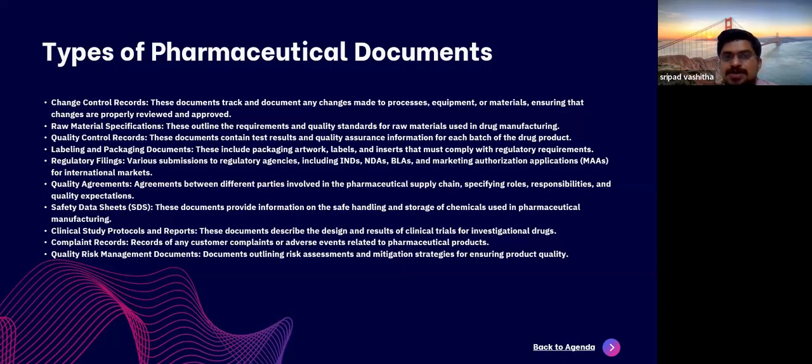Raw material specification. Specification is commonly shortened as spec in the pharma environment. Spec for raw material is nothing but how do you pick your raw material? What is the standard based on which you pick it? Yeah, if you consider any raw material, let us consider it as starch, then what should be the purity of it?